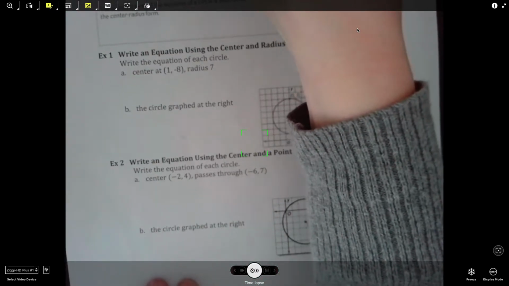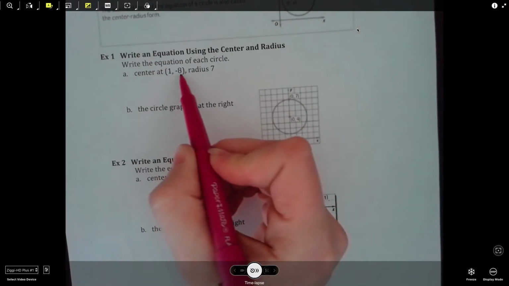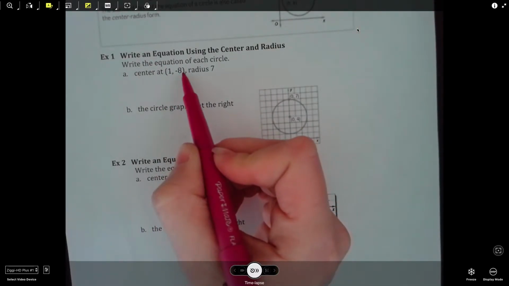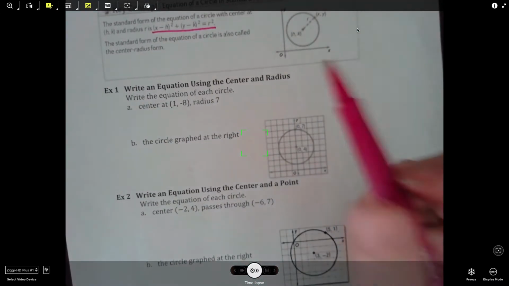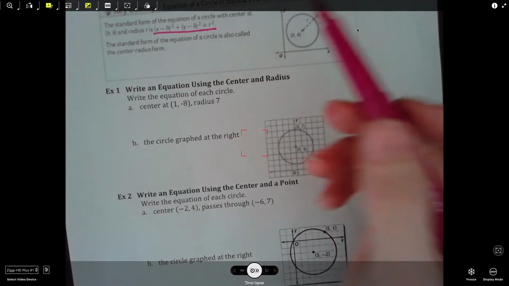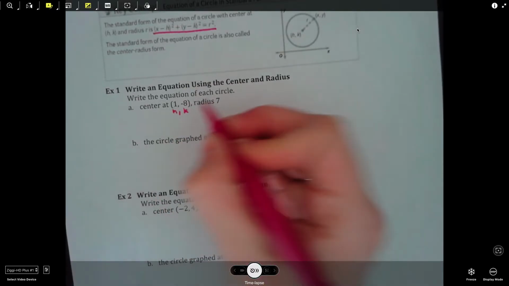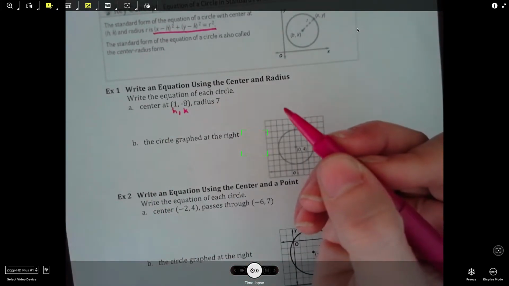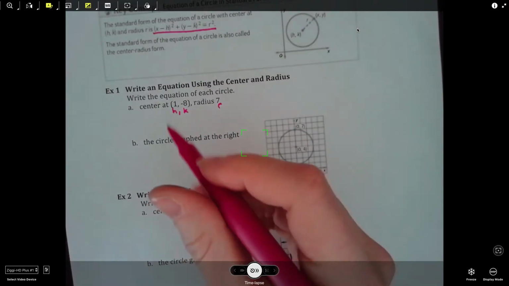In example 1, our center is at 1, negative 8, and our radius is 7. Let me scroll up just a little bit more. x minus h, y minus k, and r squared. h and k is the center of the circle. So that means h here is 1 and k here is negative 8. The radius is 7. Plug stuff into my equation here.